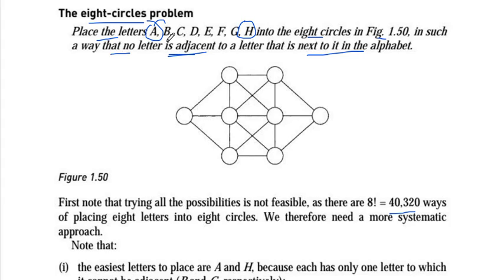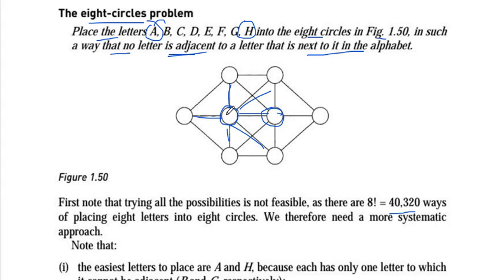First of all, we put A and H into the graph. Now you can see that this circle is connected with how many circles? 1, 2, 3, 4, 5 and 6. So if we put any letter in this circle, it is connected with all the 6 others, and this circle is also connected with 6 edges.